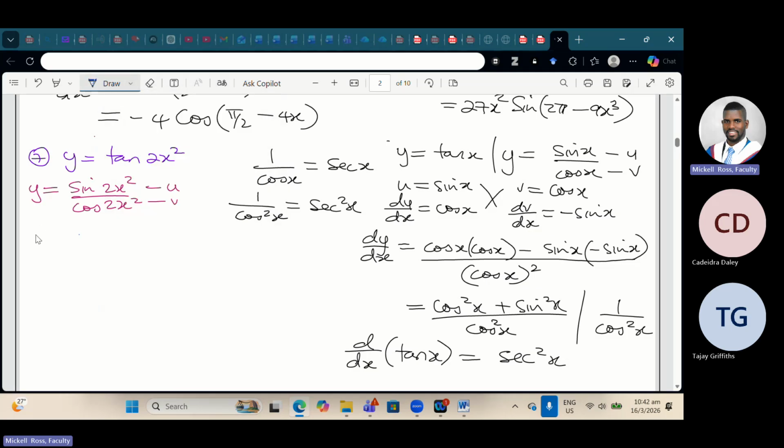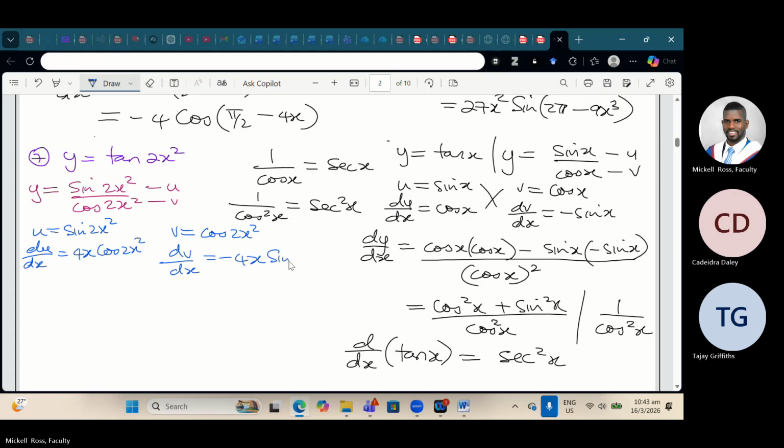So u is equal to sine 2x squared, so the derivative of u with respect to x is going to be equal to 4x cos 2x squared. And v is equal to cos 2x squared, so the derivative of v with respect to x is going to be equal to negative 4x sine 2x squared.